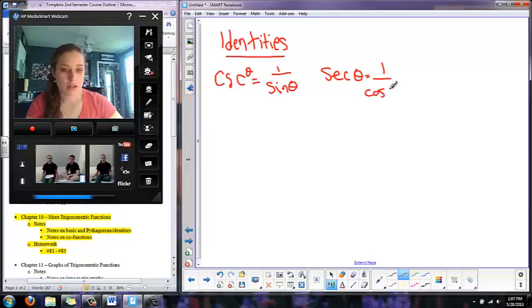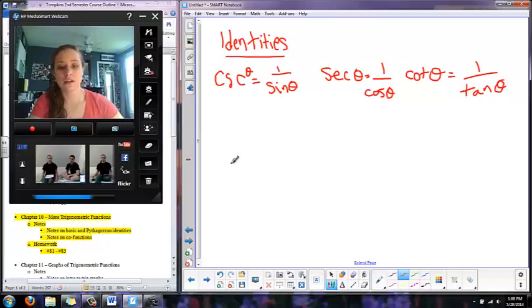And cotangent is 1 over tangent theta, except for we don't really use that often. But it's just still helpful to know. Those are all of your reciprocal identities.